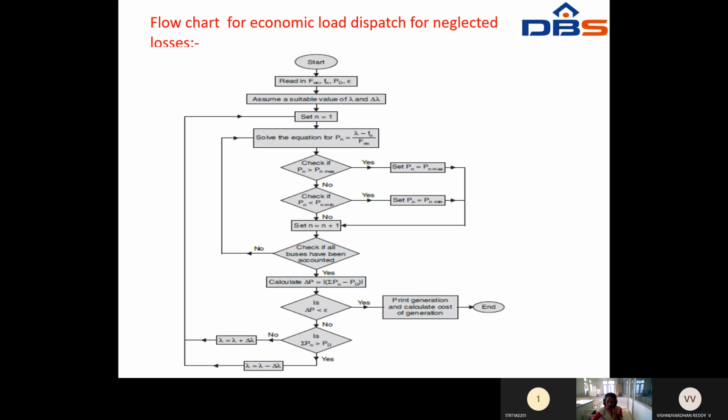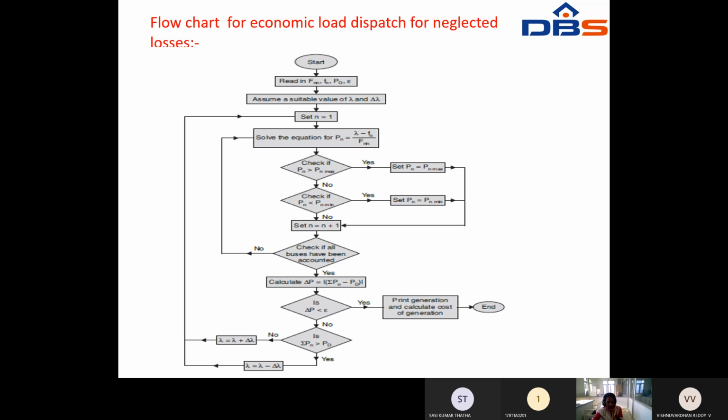When all buses are accounted, calculate delta P. When the buses are not accounted, go to the fourth step, solve the equation for Pn and repeat these two conditions. When it is yes, calculate delta P equal to the sum of Pn minus Pd. Is delta P less than E? If this condition is satisfied, print generation and calculate the cost.